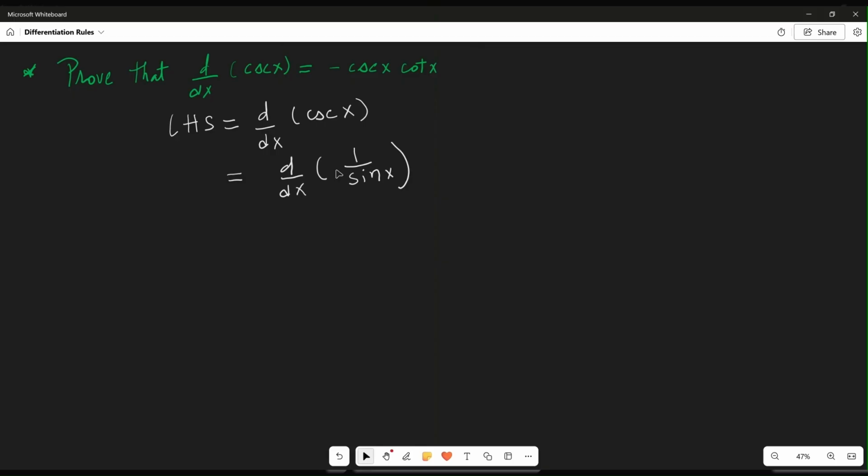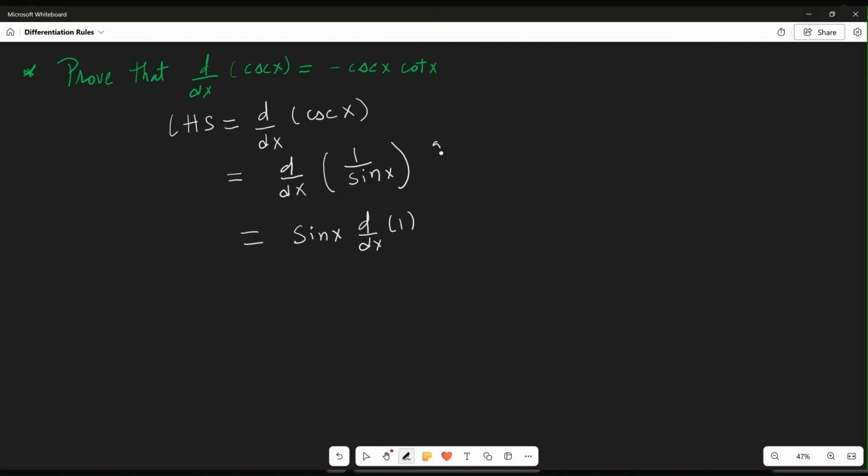And here we can see that the quotient rule is being applied, which is simply the derivative of a over b is b times, which is sin x, the derivative of a, which is 1.